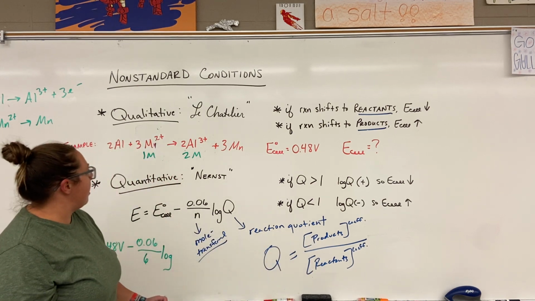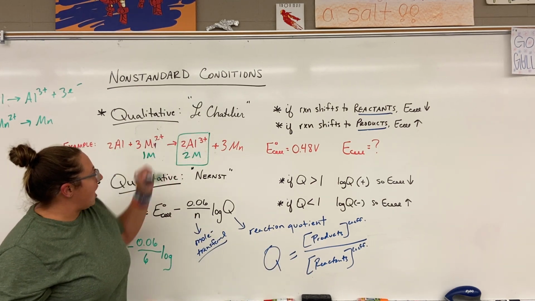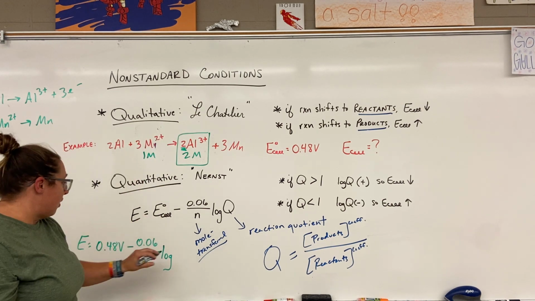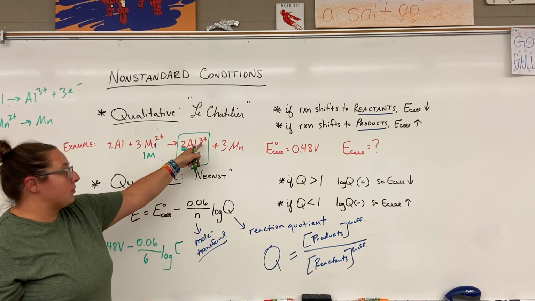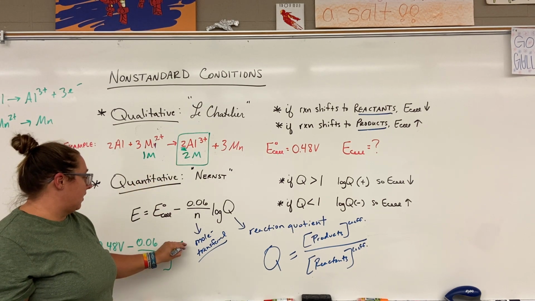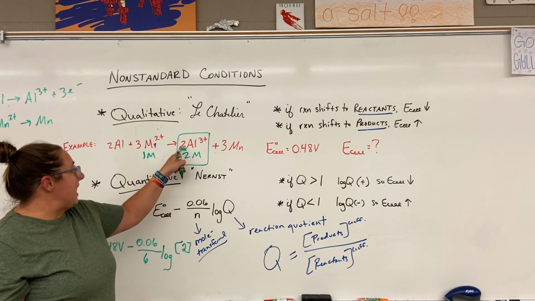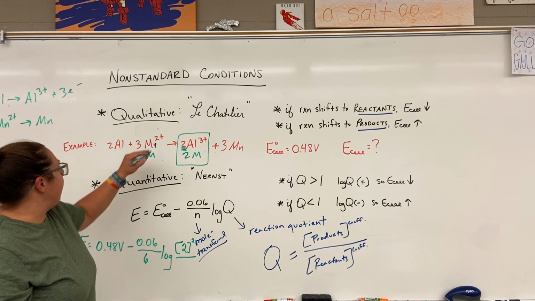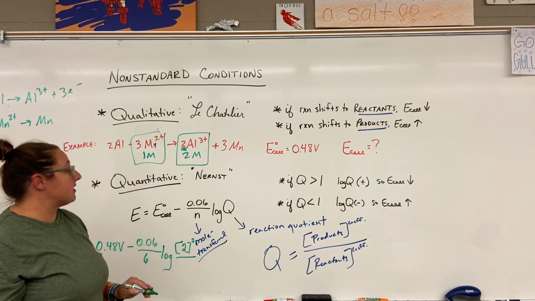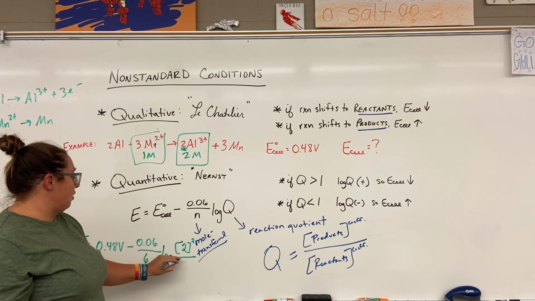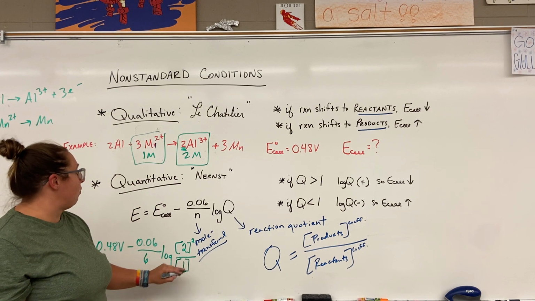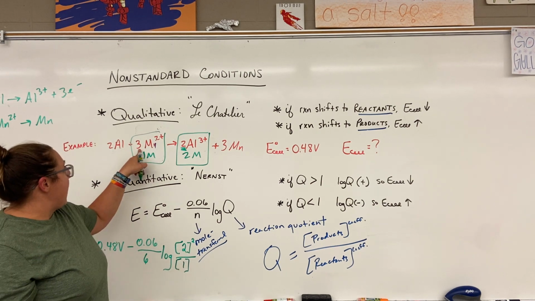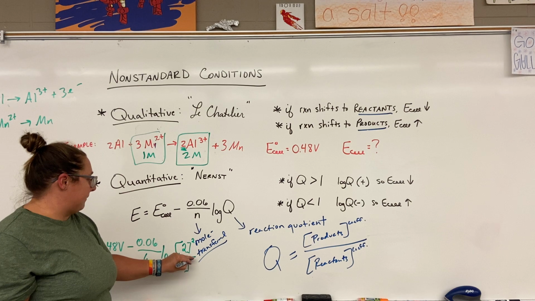So we look at our products and we plug in its concentration and raise it to its coefficient. So we would say aluminum 3+, which is 2 molar, raised to its coefficient, which is 2, divided by my reactants, which is Mn2+, which has a molarity of 1 and a coefficient of 3.